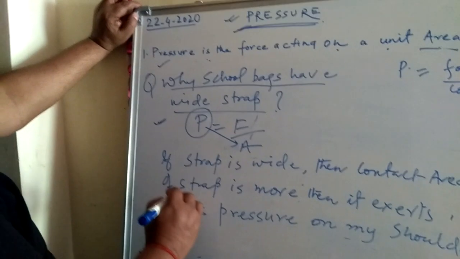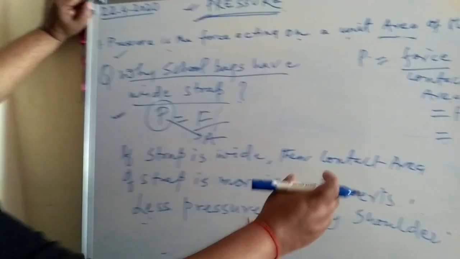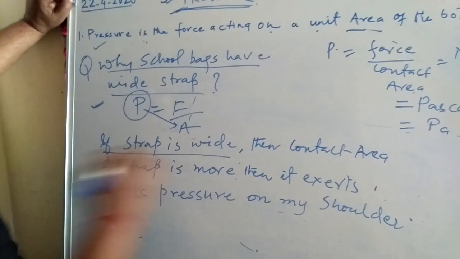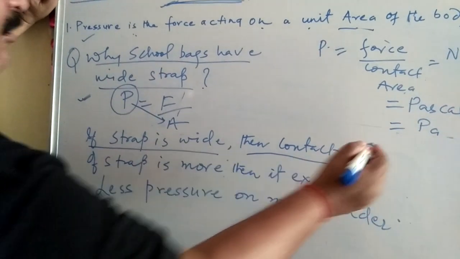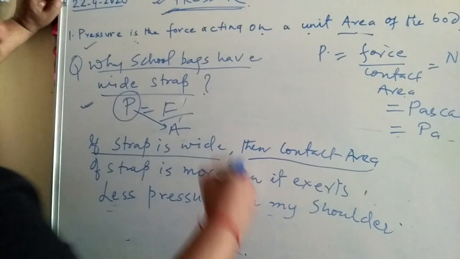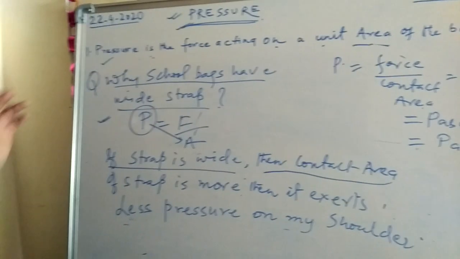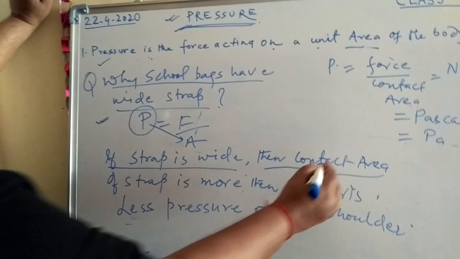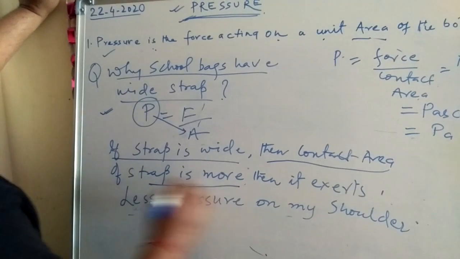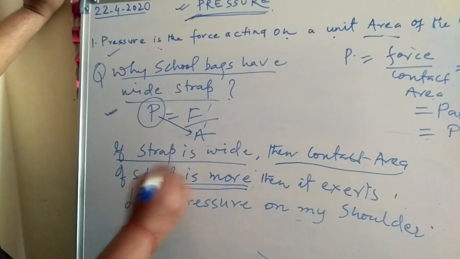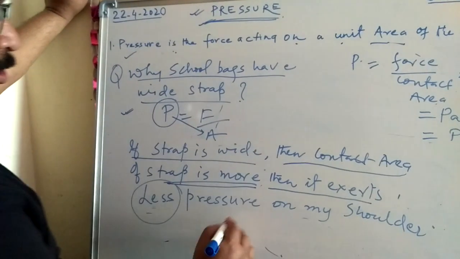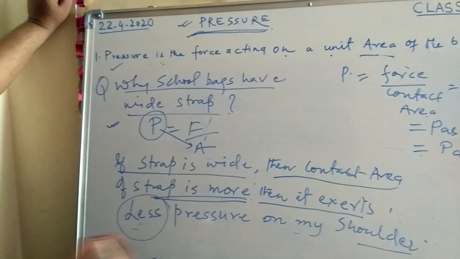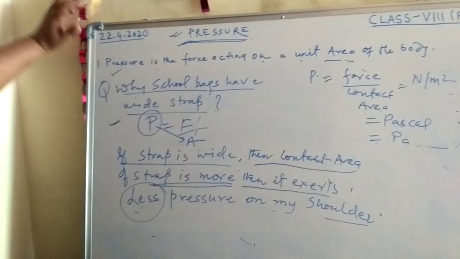So what we see here in a strap: if the strap is wide, then naturally the contact area on my shoulders is more, and when the contact area of the strap is more, it exerts less pressure on my shoulders, and that gives a very soothing effect to my shoulders.